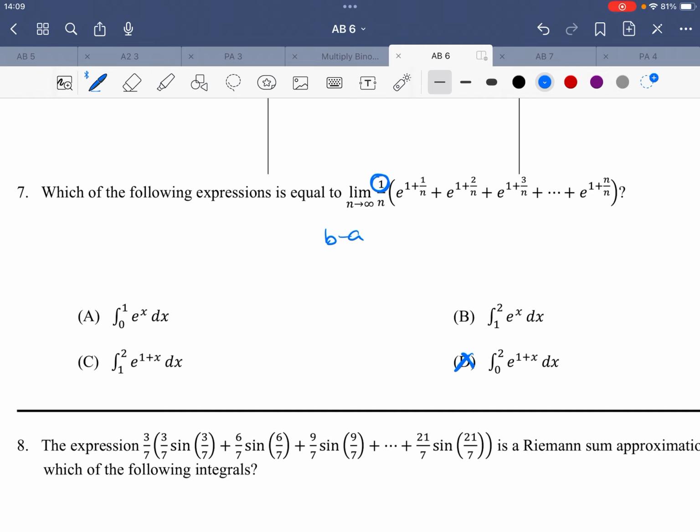Well, the function is going to be e to the something, that's for sure. Now, we still don't know what a is. So now there's a question of whether this one is a, or if it's part of the function. So let's first look at this.